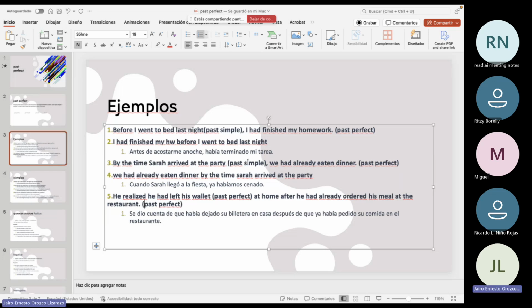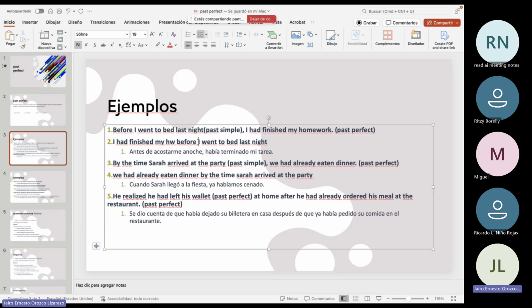Usually it comes with a past simple sentence, but it can come with another past perfect as well. Okay. So he realized he had left his wallet at home after he had already ordered his meal at the restaurant. Or you can say he had already ordered his meal at the restaurant before he realized he left his wallet. Okay. So once you change it, you have to change the connector. Okay.